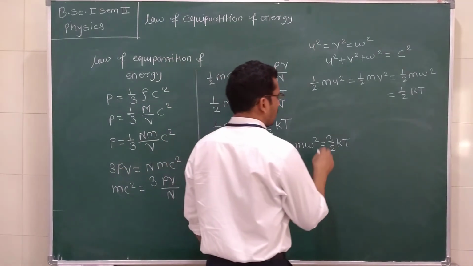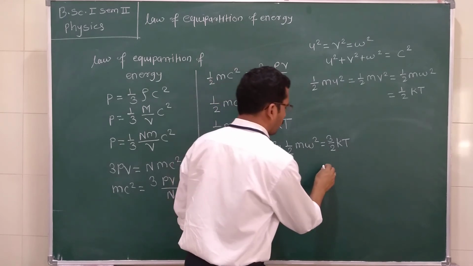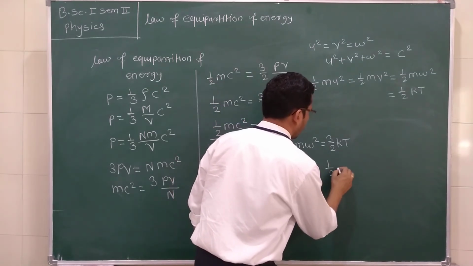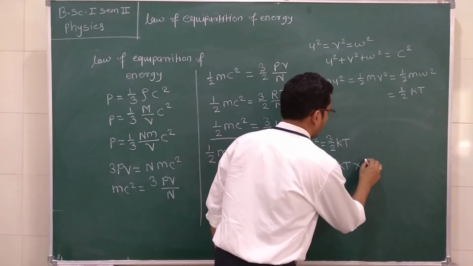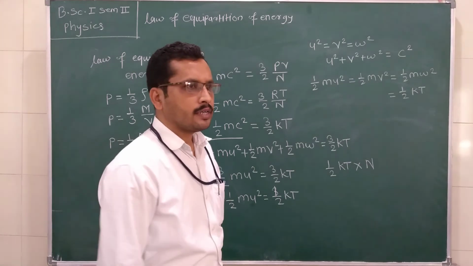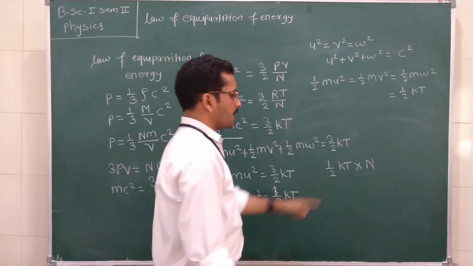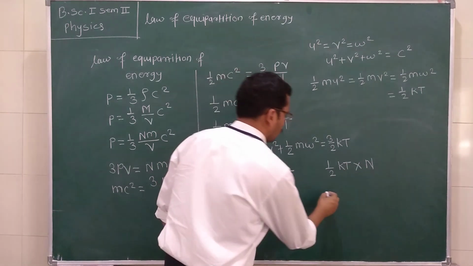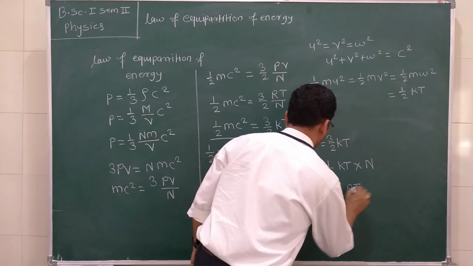Then the energy per degree of freedom for 1 mole of gas is equal to 1/2 kT multiplied by the number of molecules in 1 mole, that is N. But what is k multiplied by N? This k multiplied by N is equal to R. So we can write this as 1/2 RT.